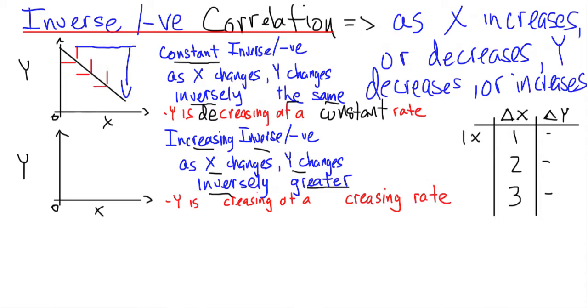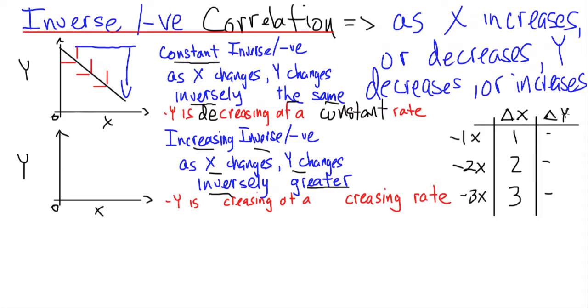Now, as this correlation is increasing in size, and it's negative, this factor will have to increase as x gets larger. So we can have negative 2 times and negative 3 times.